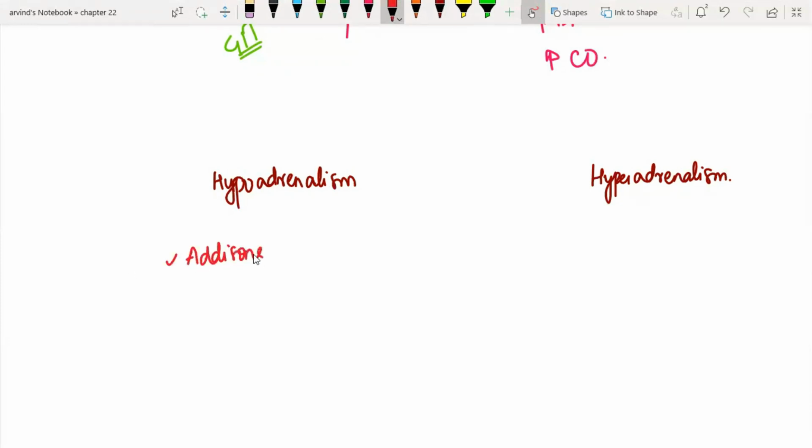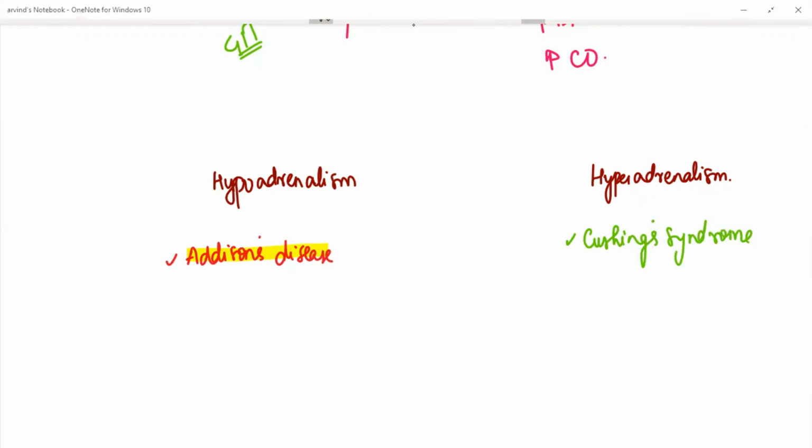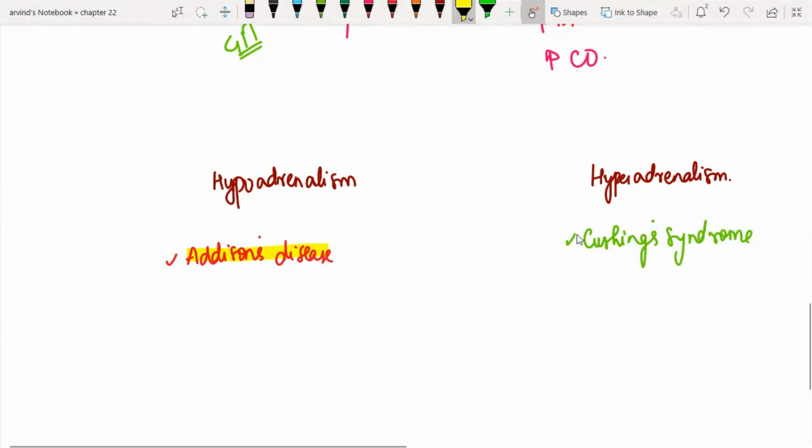Not so important, yes, it can be a question. Hyperadrenalism is going to cause a syndrome called Cushing's syndrome. So hyperadrenalism leads to Cushing's syndrome, and hypoadrenalism leads to Addison's disease.